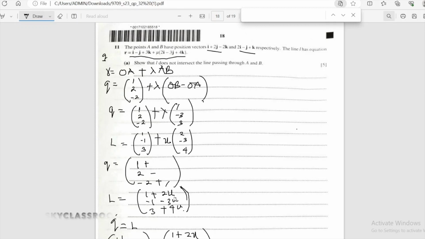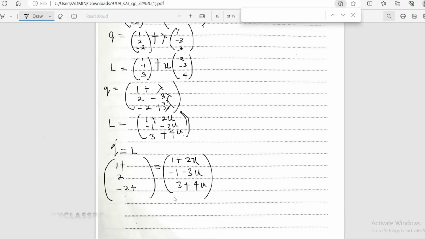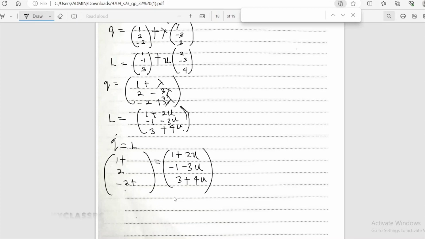At the end of the day, Q is 1 plus lambda, 2 minus 3 lambda, minus 2 plus 3 lambda. When you equate both of them, L is 1 plus 2 mu, minus 1 minus 3 mu, 3 plus 4 mu.